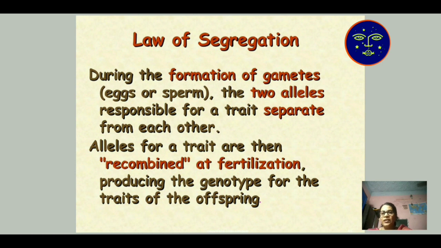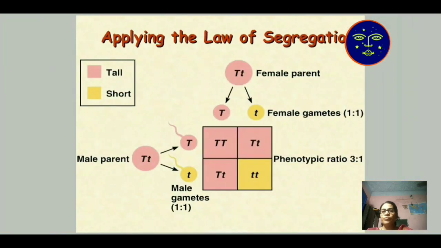We say that some characters are segregated, separate from one another. Only dominating characters are seen. But really, the dominating character along with the recessive characters are seen in the genotypic ratio.